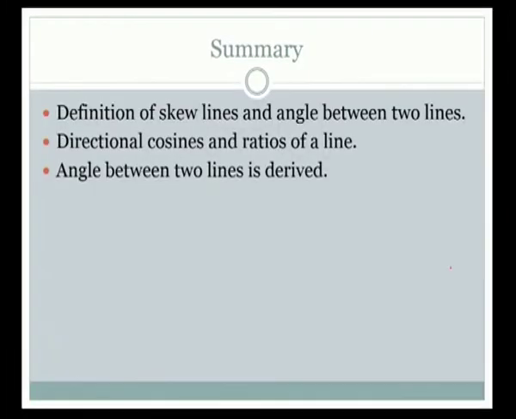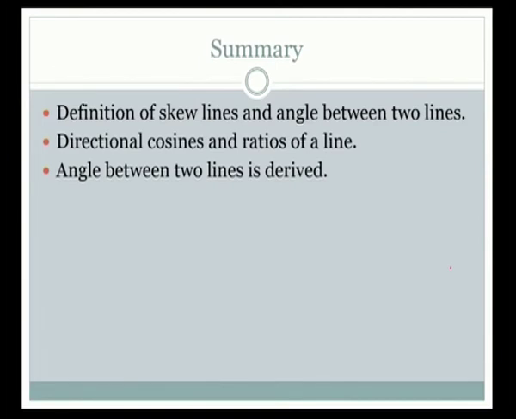So, from this discussion we learnt that direction ratio is a number proportional to the direction cosines. In this lecture we learnt the definition of skew lines. Then the angle between two lines, which is the acute angle of intersection of the two lines.